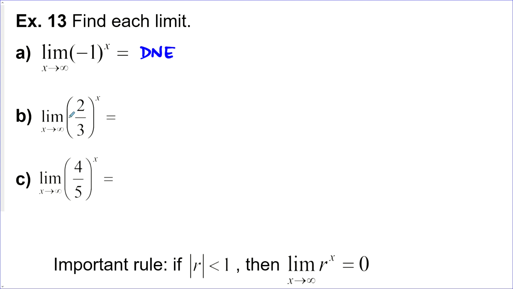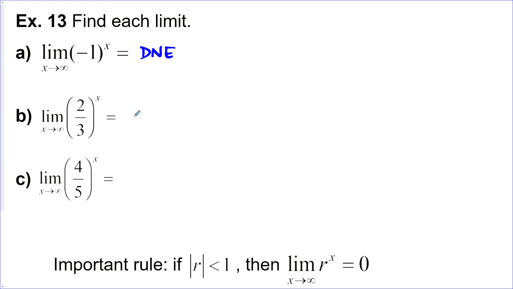What about this one? We've got 2 over 3 to the power of x. Now, just like before, it'd be 2 to the power of x over 3 to the power of x. 2 is smaller than 3, so in the race to infinity, 3 to the power of x would be infinitely further ahead than 2 to the power of x. So the denominator is infinitely larger than the numerator.